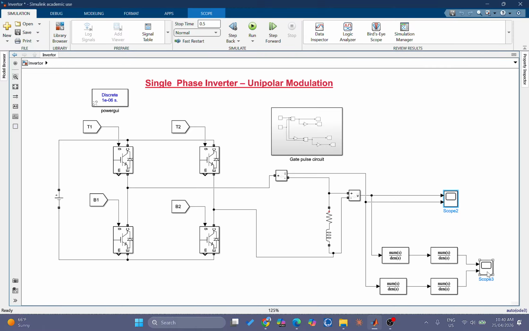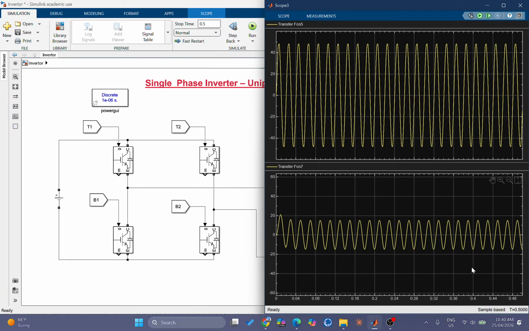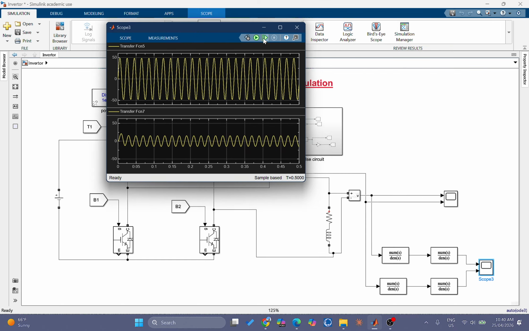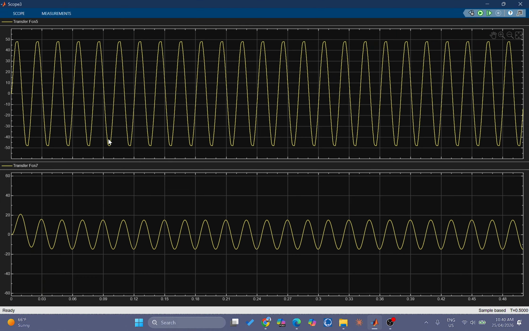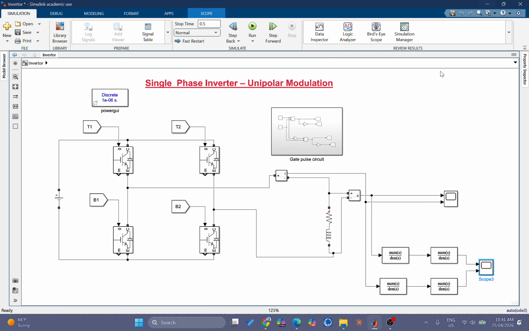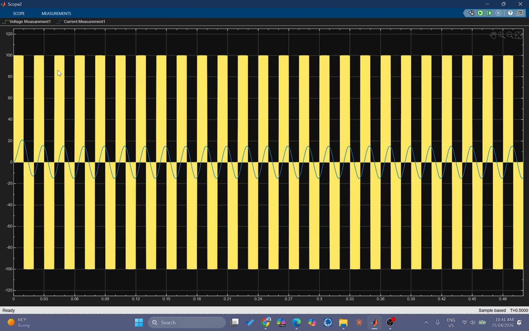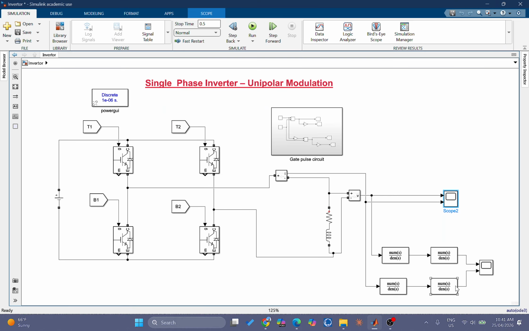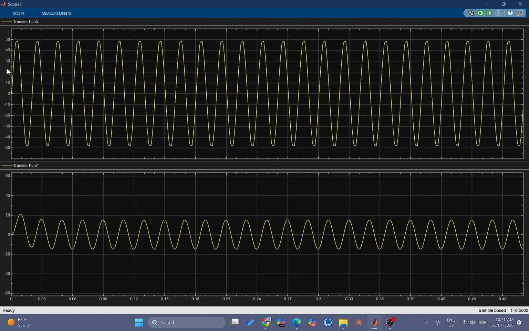So let's see now the filtered voltage waveforms. Scope 3 is showing me this. The first waveform is the voltage waveform. When we filter the voltage, you can now see that the magnitude of the voltage has reduced from 100 to approximately 50.